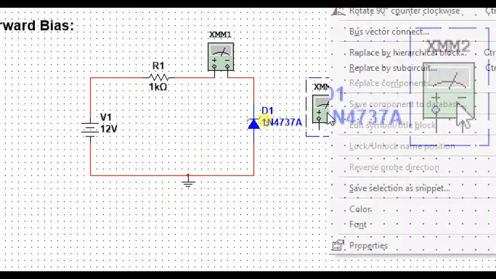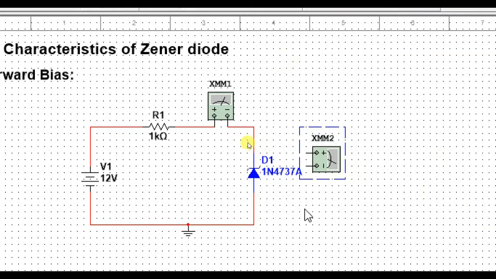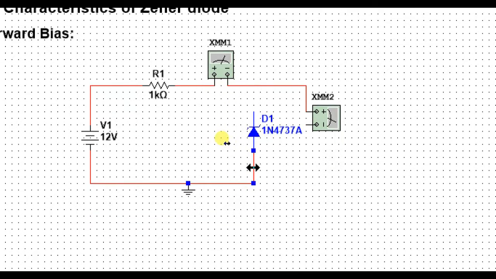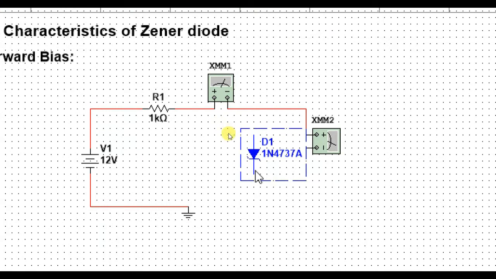Let us rotate this one clockwise. Positive terminal should go to... I am designing the circuit in the reverse bias condition. I am changing the connection. So let us connect in the forward bias condition.